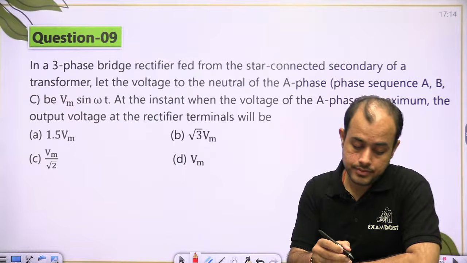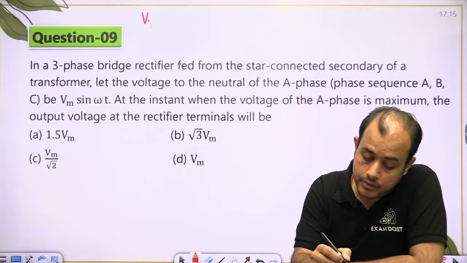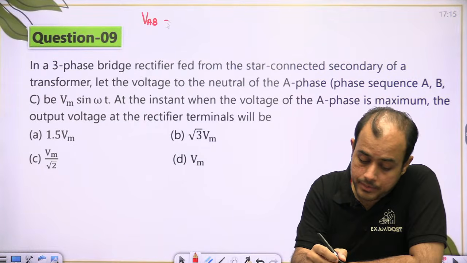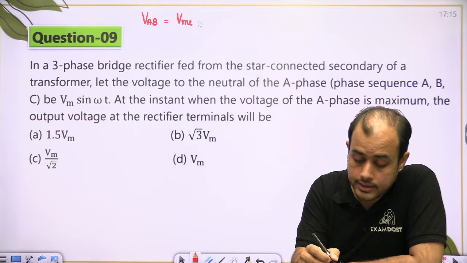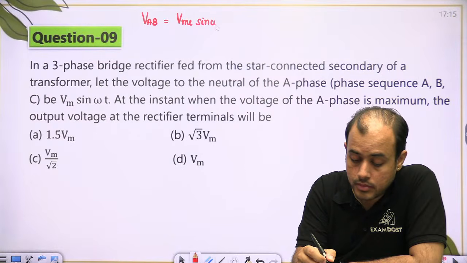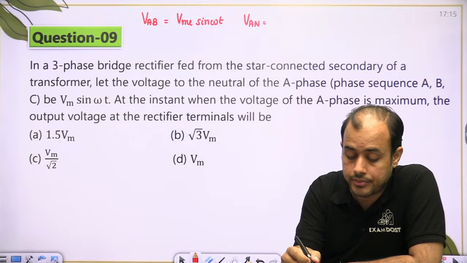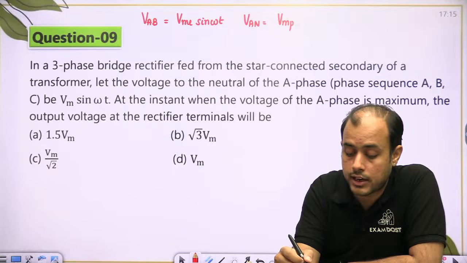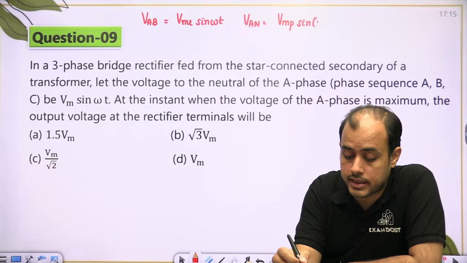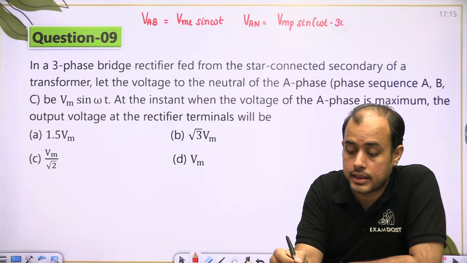देखो, we take VAB as reference. Now, if I talk about VAN, it will lag the line voltage by 30 degree. ठीक है?